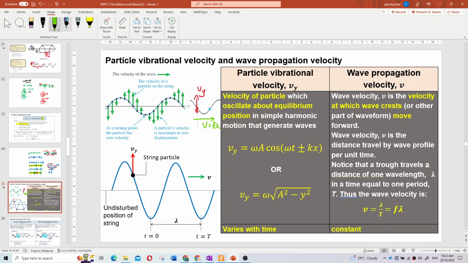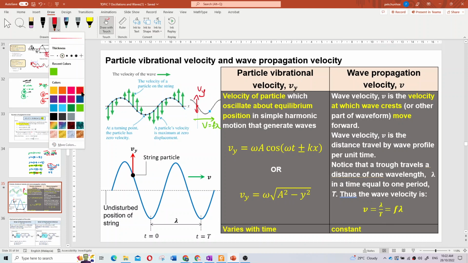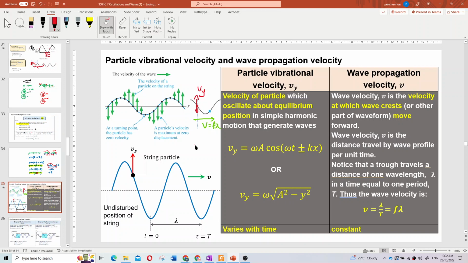Because frequency is 1 over period, we substitute inside and get lambda over period. So what is the difference between these two velocities, the particle velocity and the wave velocity?